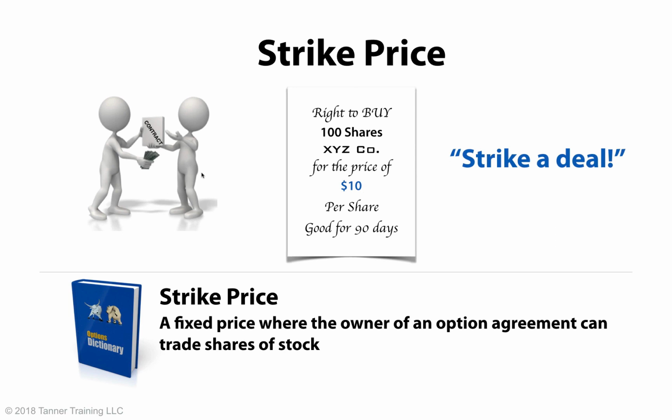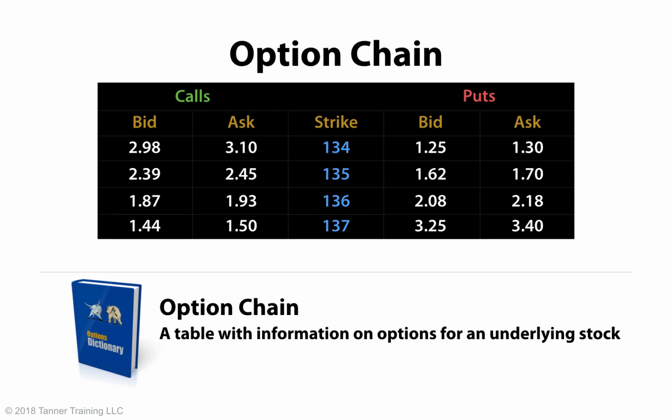So, where do we get this information from? Well, we're going to be looking at options chains. And an option chain is just a table that tells us what some of these things are. So in this case, this option chain, and they can have lots of extra information on them, this one's going to be very basic. Right here, we have the strike price.